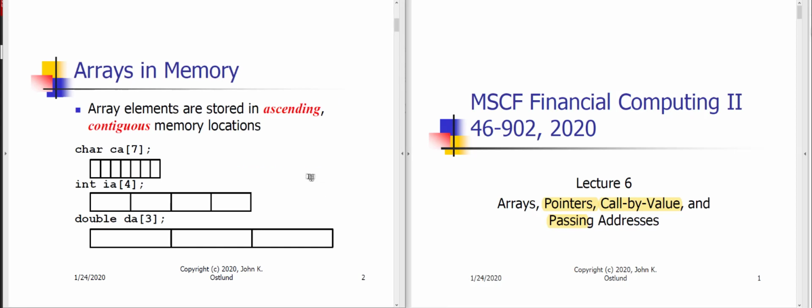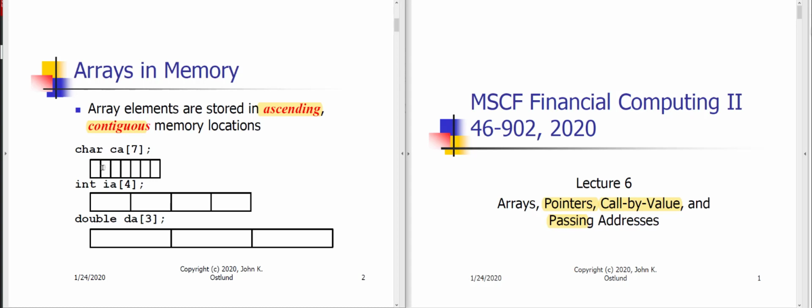Okay, so from the last lecture, we know that elements in an array are always stored in ascending contiguous memory locations, that is, side by side in memory. Here we have 3 example arrays. CA is an array of 7 chars. So the initial char of CA is going to be at some address in memory.